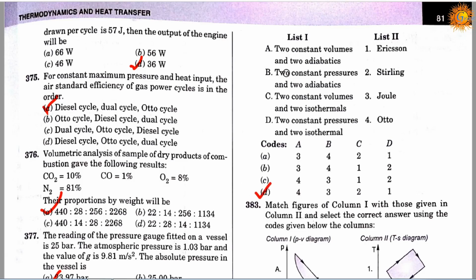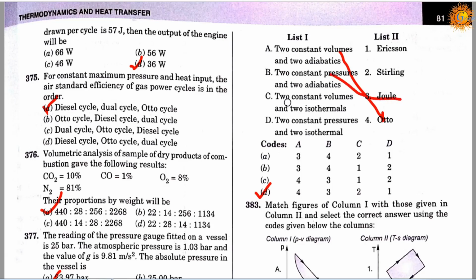because according to D, 2 constant volumes and 2 adiabatic processes you can find in the Otto cycle. According to it, 2 constant pressures and 2 adiabatics will be the Joule cycle.